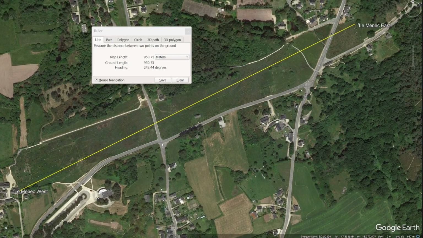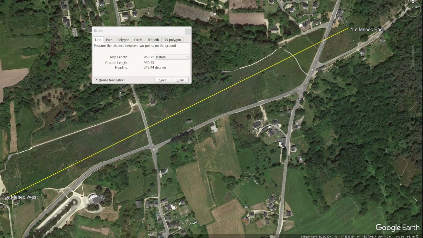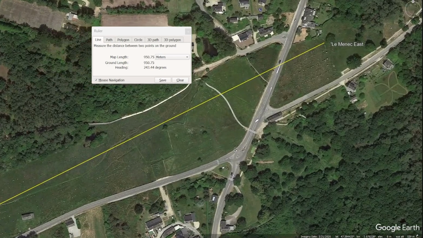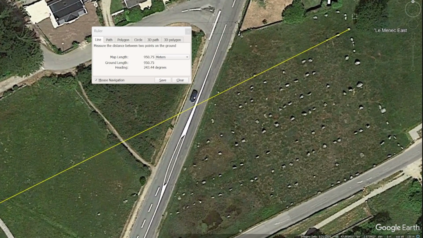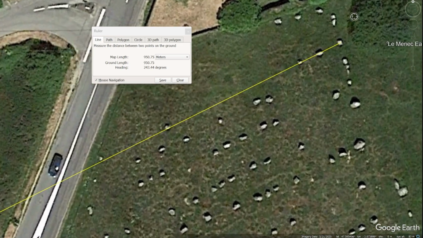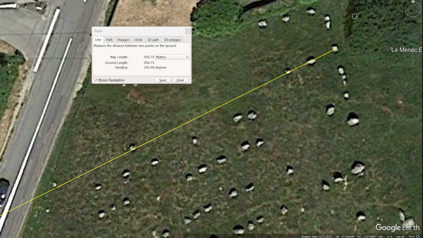This is very interesting. If you follow this first line of the Menec East and link it up to the Menec West here, to the first row of the Menec West, then in fact it gives you the angle of a double square. You get a ratio of 1 to 2.